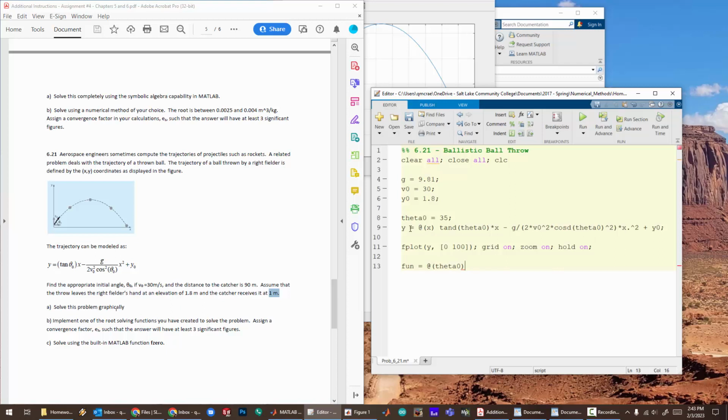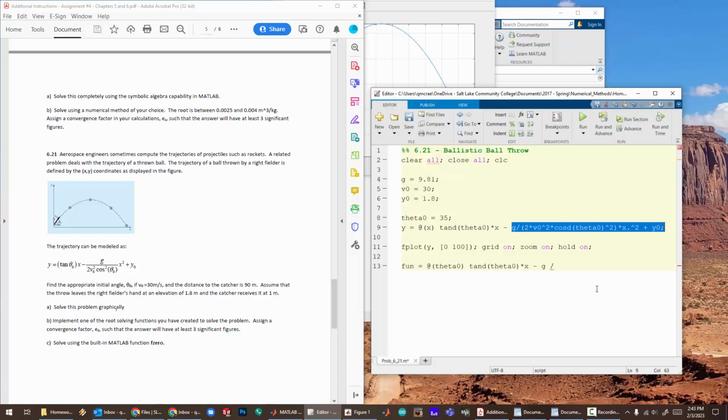And so I'm going to rewrite this whole function, really it's this function over here, right? I'm going to rewrite this function, but I'm going to put this y on this side. And so it's going to be tan of theta naught times x minus g over, and I'm just going to actually gratuitously copy all this.